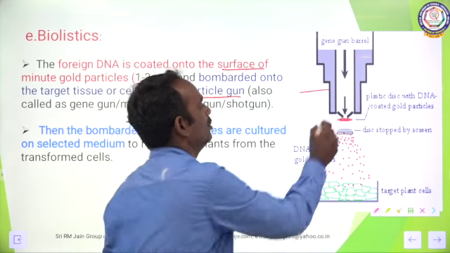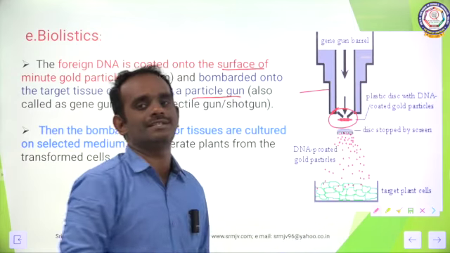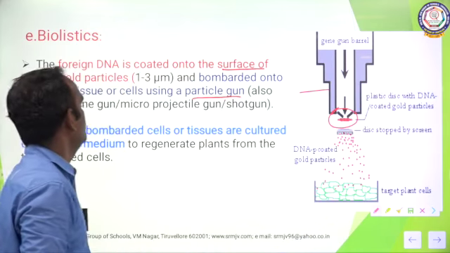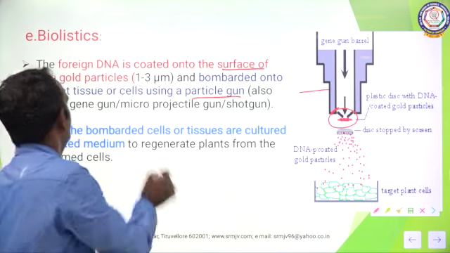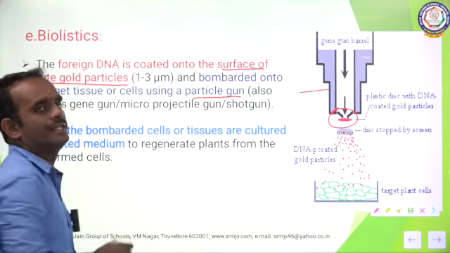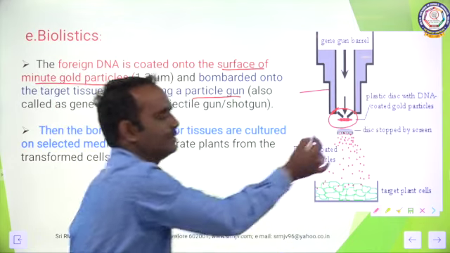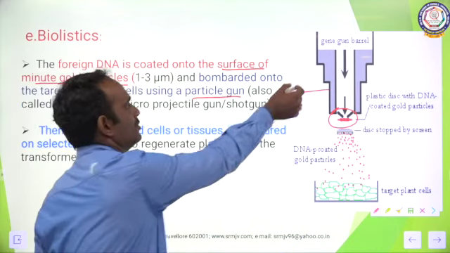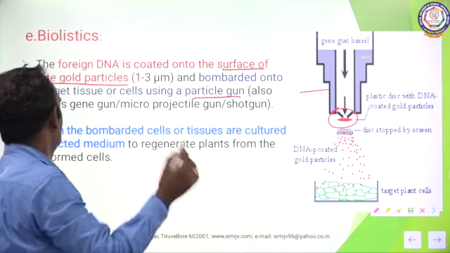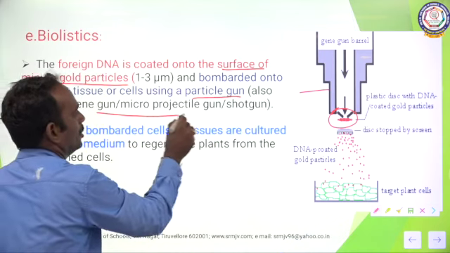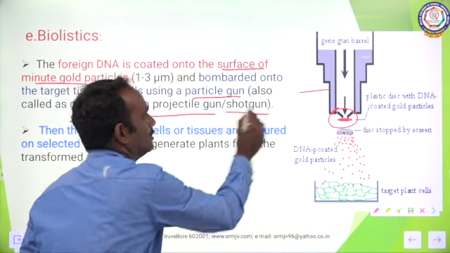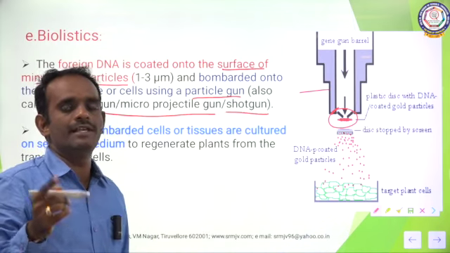So we have to load this with the gene of interest. That particular foreign DNA is coated with minute gold particles, and then it is bombarded into the target tissue by using the instrument that is called a gun. It is also called a micro projectile gun, shoot gun. So what is the name? Shoot gun.